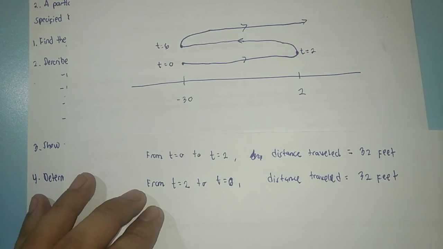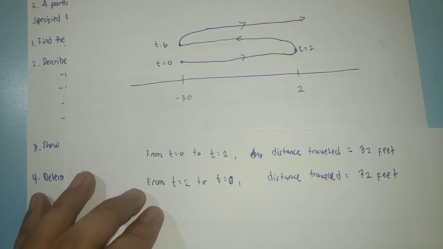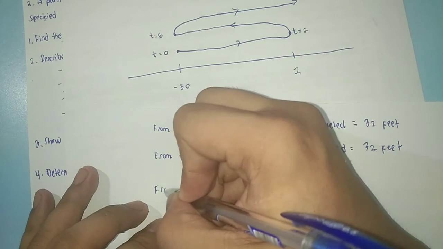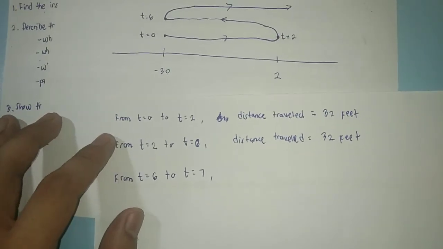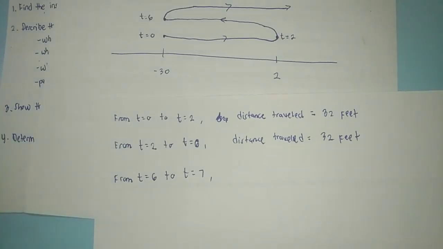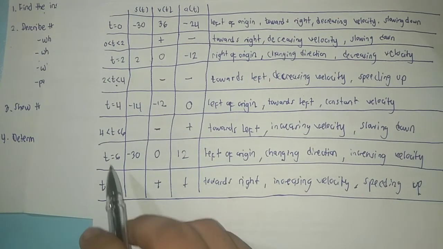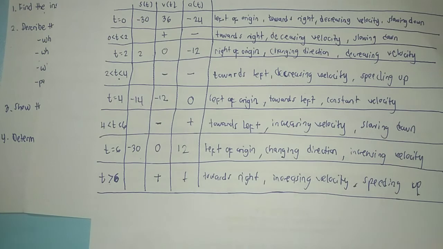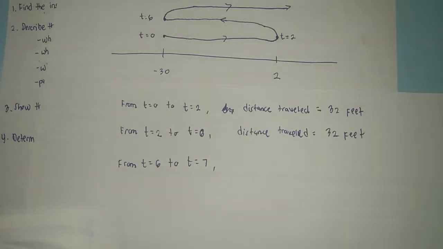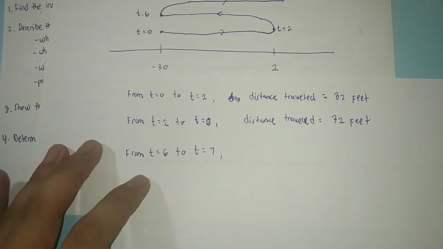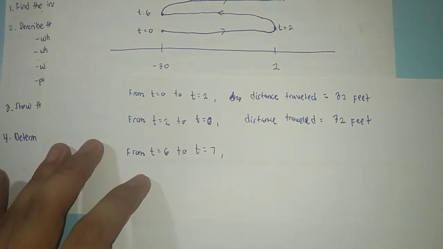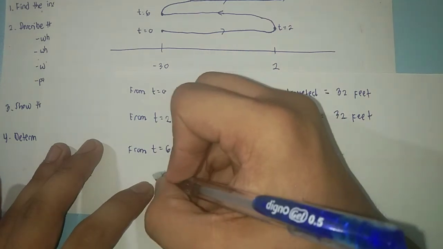Now, ang problem na lang ay after 7 seconds, 'di ba? So from t equals 6 to t equals 7. Okay? So dito, alam na natin na yung s of 6 ay negative 30. So hanapin muna natin yung s of 7. Kasi from t equals 6 to t equals 7, kukunin lang natin yung difference nung position nila.